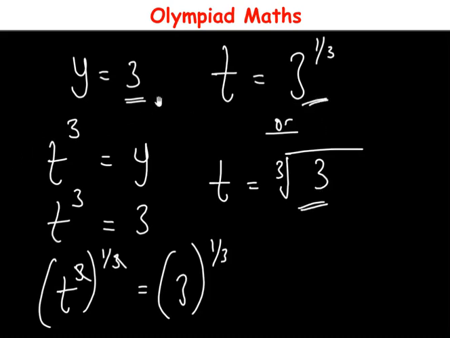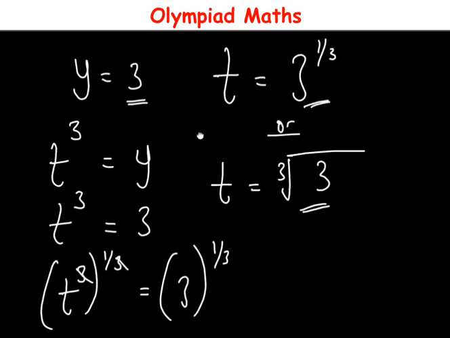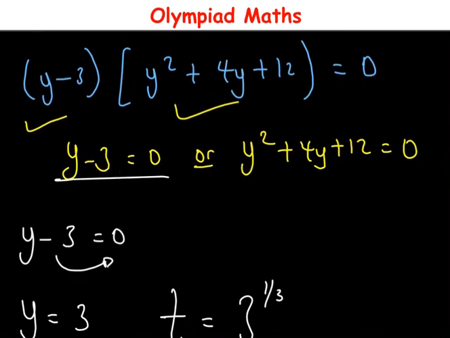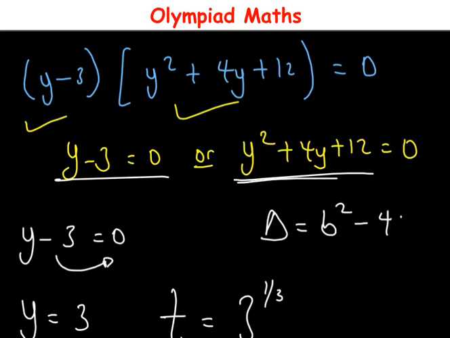Okay. Now don't forget that we got the value of t from this first linear equation. So let us get the other value of t from this other equation. Once we get the value of y, then we can get the value of t. But before then, let us check if there will be any real solution in this quadratic equation, making use of the discriminant, b squared minus 4ac.